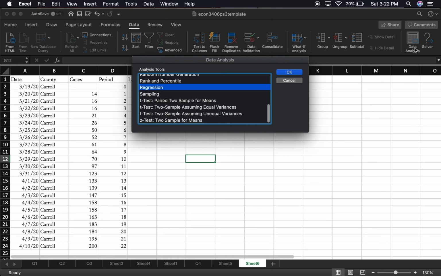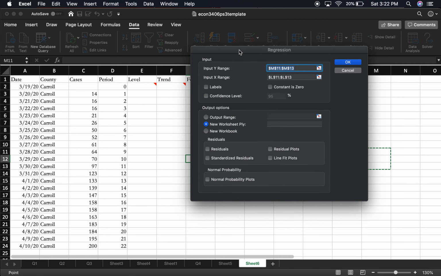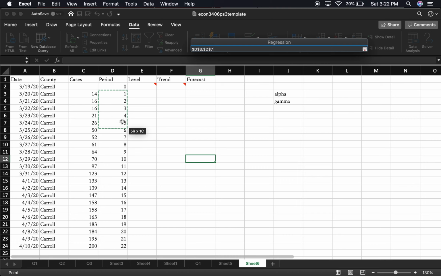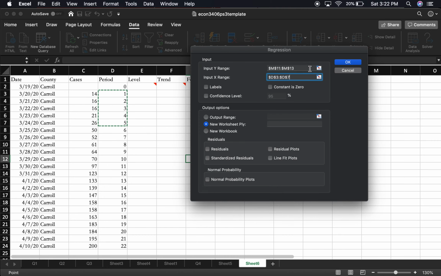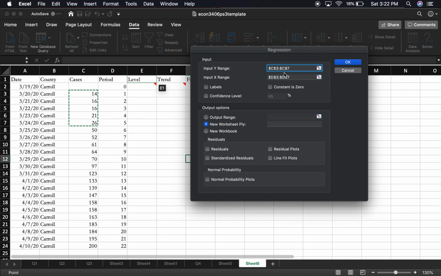Now, let's use Excel to estimate a regression line through the first few data points. 3, 4, 5, doesn't really matter too much. Just use regression. X is the period. So we'll just go to the data and grab a few of these. And then Y is the data. You can see that I have 5 data points, 3 through 7.